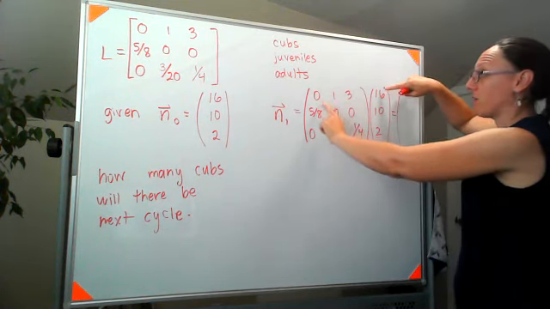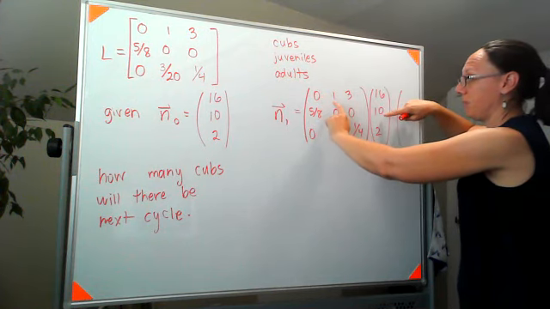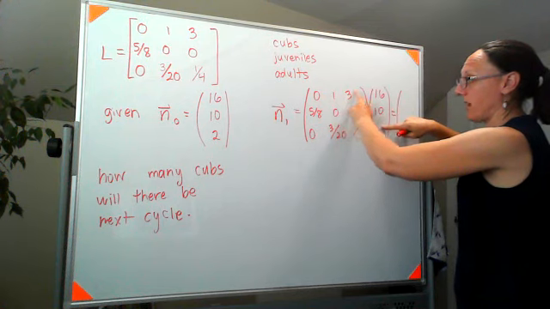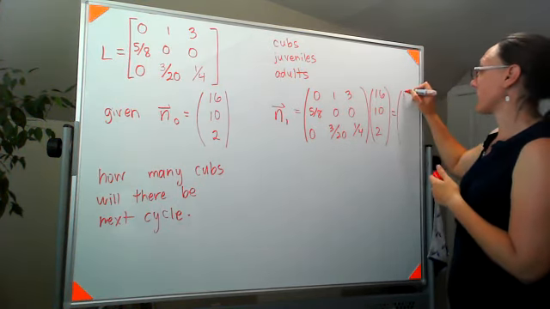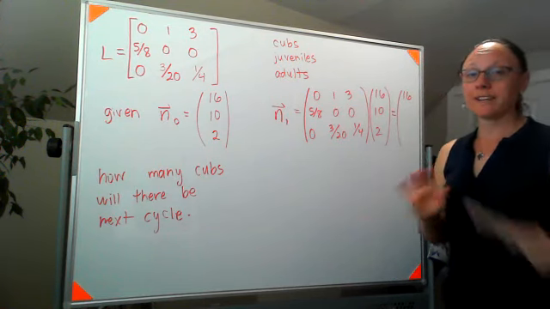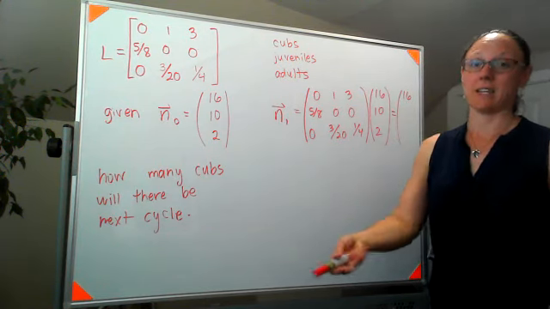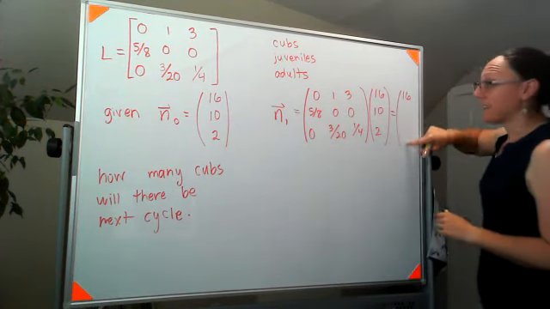So I've got 0 times 16 plus 10 times 1 and 2 times 3. So that's 10 plus 6 plus 0, so 16. Well, that's actually enough to answer our question, because that would tell us how many cubs. There'd be 16 cubs in another cycle, but I'm going to keep going to get these other two values.